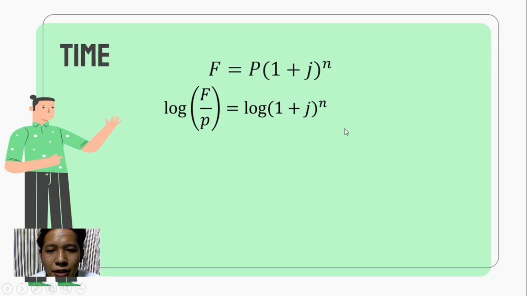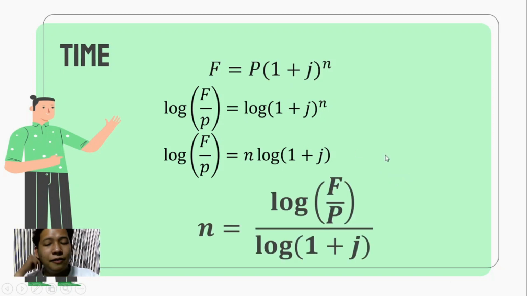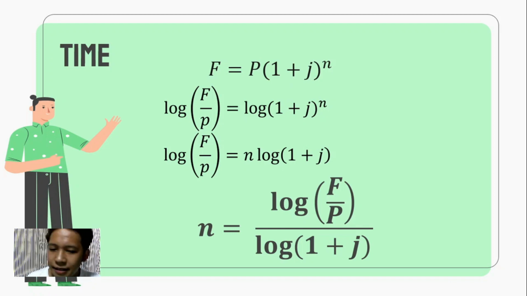To which, ito po is pwede natin i-write into the log of f over p equals the n log of 1 plus j. To which, para makuha natin yung value ni n, we'll now have the formula in getting the time, or the n, sorry. The n equals the log of f over p over the log of 1 plus j.